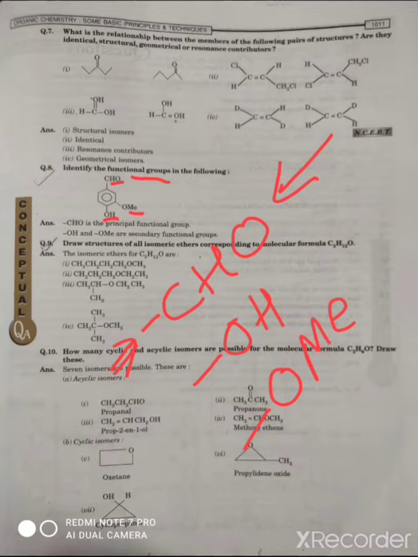So in this case, you can write that the CHO group is the principal functional group and the others are secondary functional groups, because if more than one functional group is there, we have to give priority to one of them. Here the more priority is to aldehyde, so that is called the principal functional group, and the other two are called secondary functional groups, which we can take as a prefix. So this type of question you will be getting.